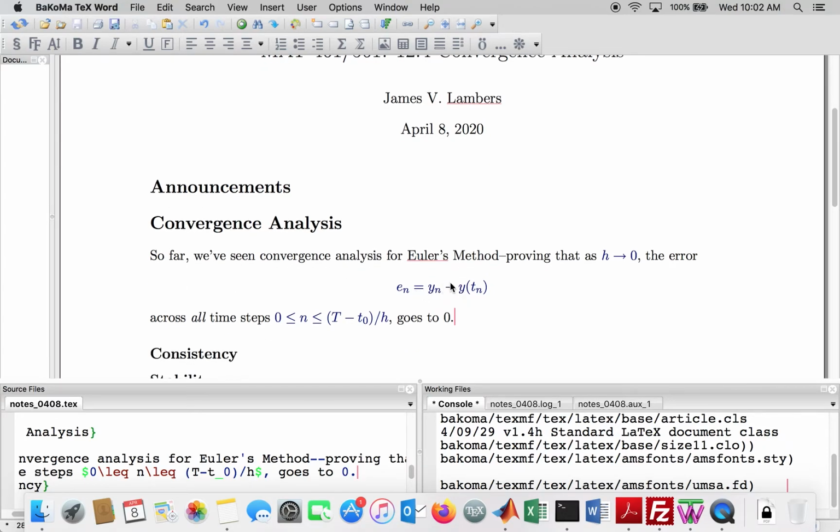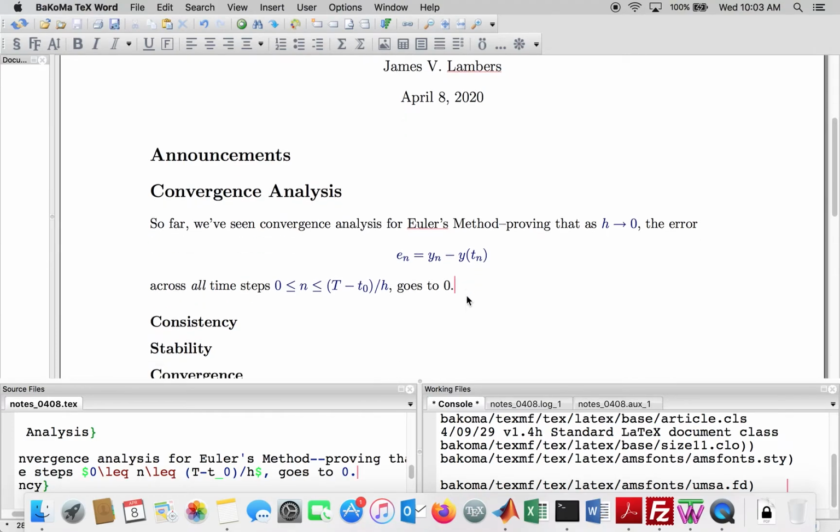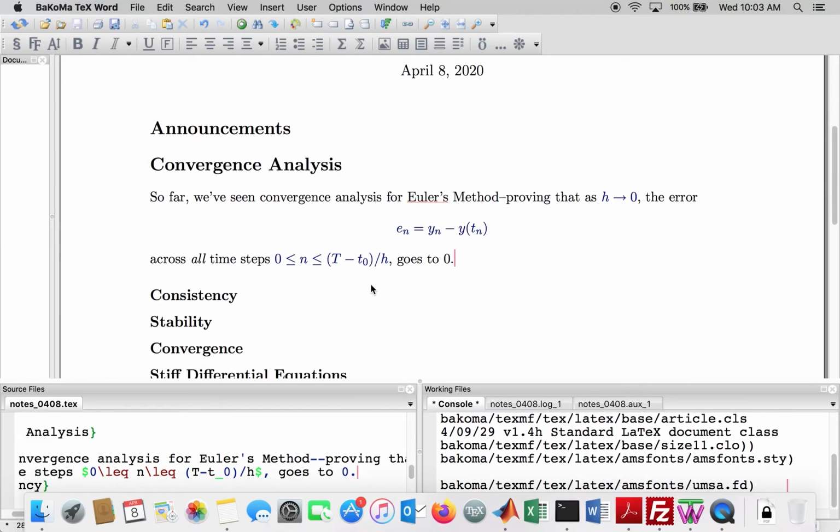Now, even though Euler's method is a very simple method, you may recall that convergence analysis, proving that this error goes to 0 as h goes to 0, is still quite tedious. It'd be nice to have a simpler approach to establishing that a method converges. So we're going to take a closer look at how to do this in a systematic way across all these different time-stepping methods, and it helps to break it down into three parts.